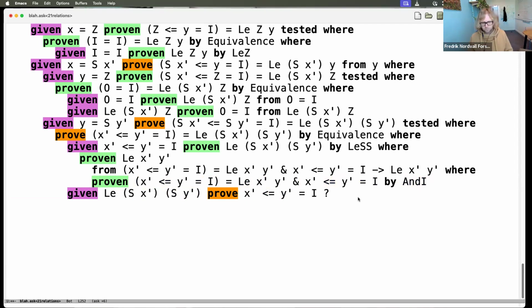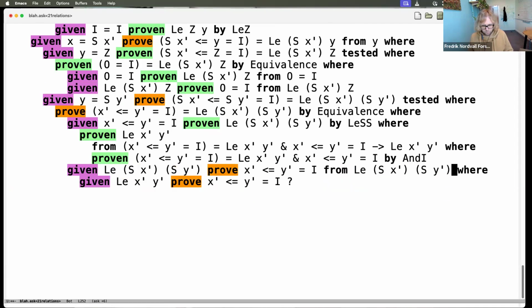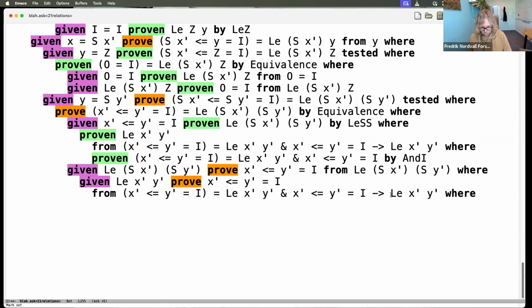And then the same deal happens here, only this time we have to strip off the double successor on the given, but that's okay. And we're going to make the same move. I'm just going to grab that line and swap around what's here.